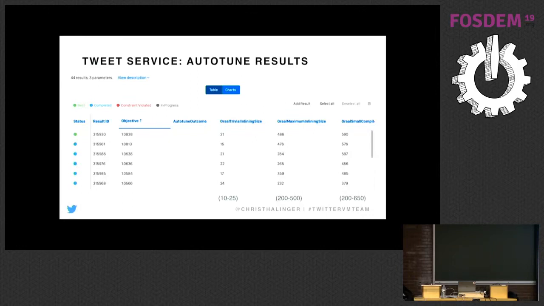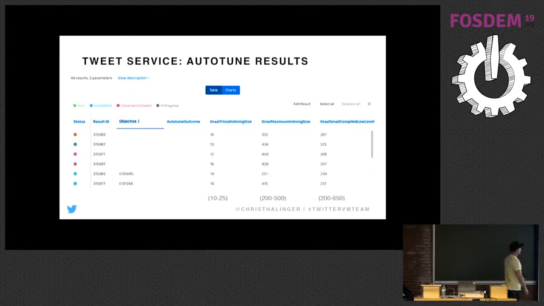This was by default 10, this was default 300, and this was default 300. So if you use these parameters, then you get 8% less CPU. And the bottom of the table looks like this. We have 3 that violated the constraint, and 1 that was still in progress when I shut down the experiment. And as you can see, there are some that were worse, like this one's almost 5% worse and this one like 3% worse.